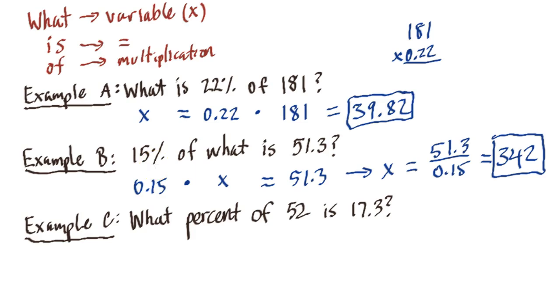All right, so now let's move on to the last problem. We have what percent of 52 is 17.3? So what is x? Percent. Now, let's think about how we would apply this. Percent, we could think about how percent applies to the number in front. And you would realize that for the percent, we can just multiply by 0.01.